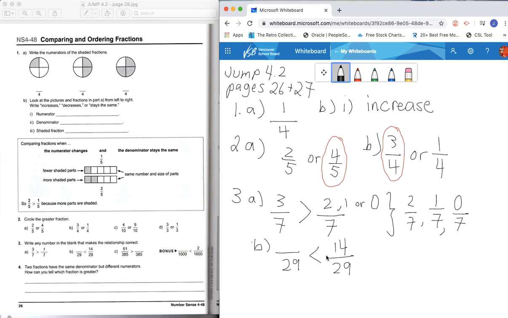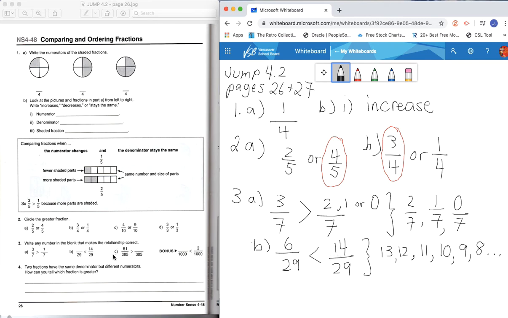So that means you need to write a number smaller than 14. So your choices are, remember, less than. So you can do 13, 12, 11, 10, 9, 8, etc. Okay? So I am going to choose, let's say, 6 over 29. So as long as the number is less than 14, you're all good.